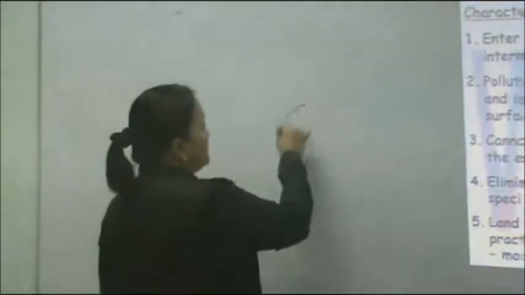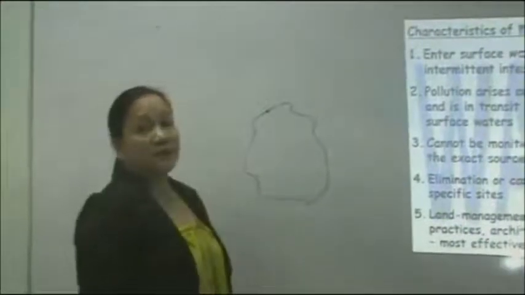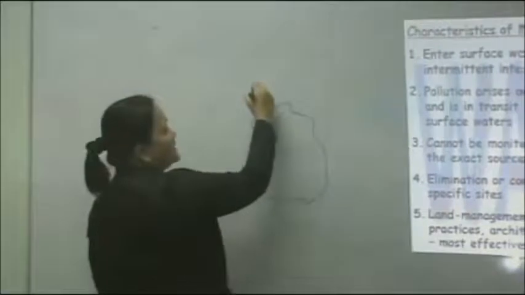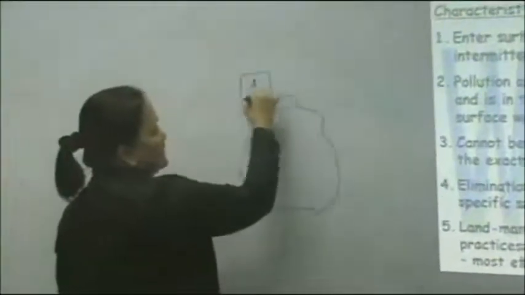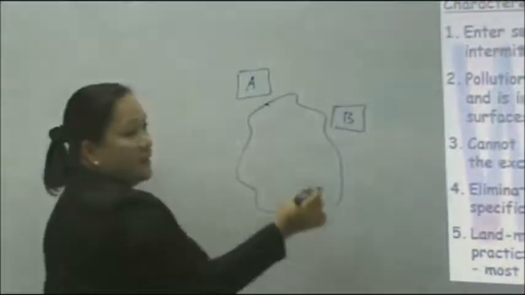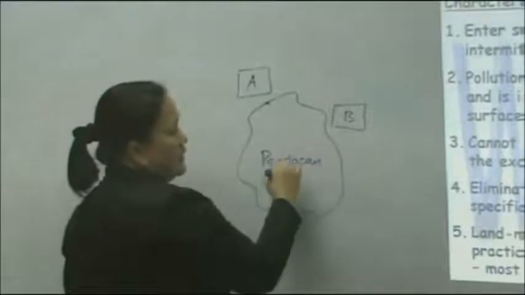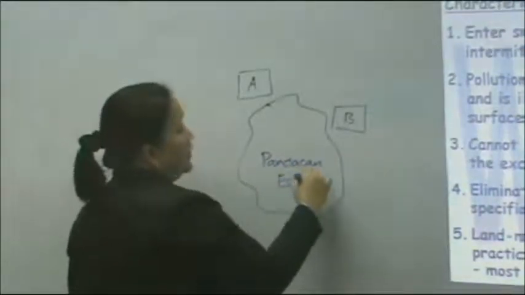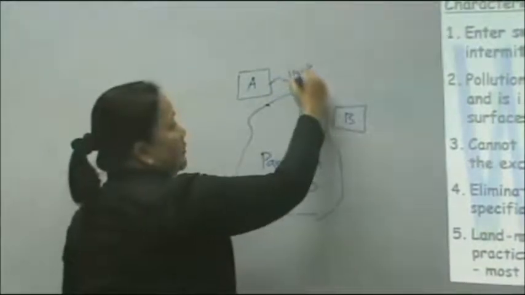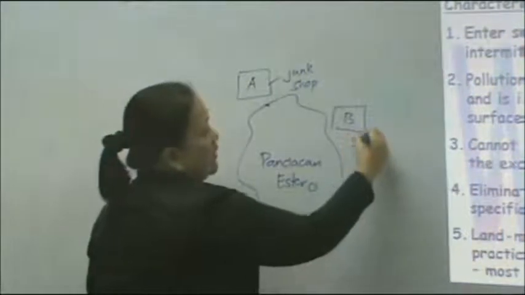So for example, just to define to you what are non-point source and point source pollutants. For example, you have establishment A, you have establishment B surrounding the Pandacan Estero, wherein establishment A, let's say, is a junk shop, while establishment B, let's say, is a sari-sari store.